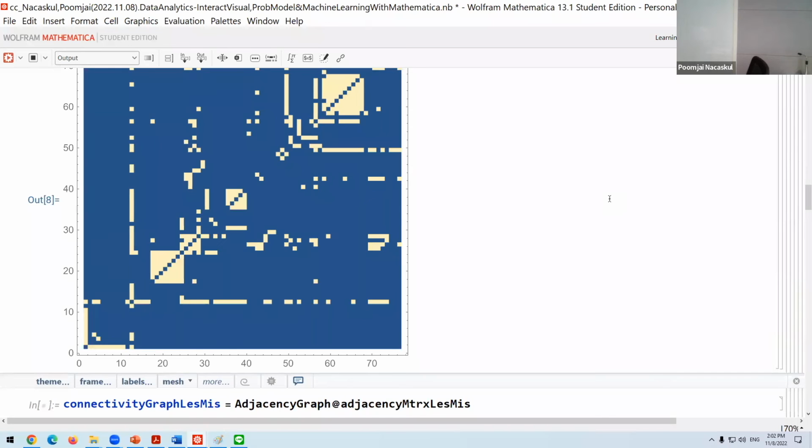For one thing, let's say I never told you anything about what this data set means. You can tell right away that this is symmetric. And because you don't have yellow everywhere, it's fairly sparse.